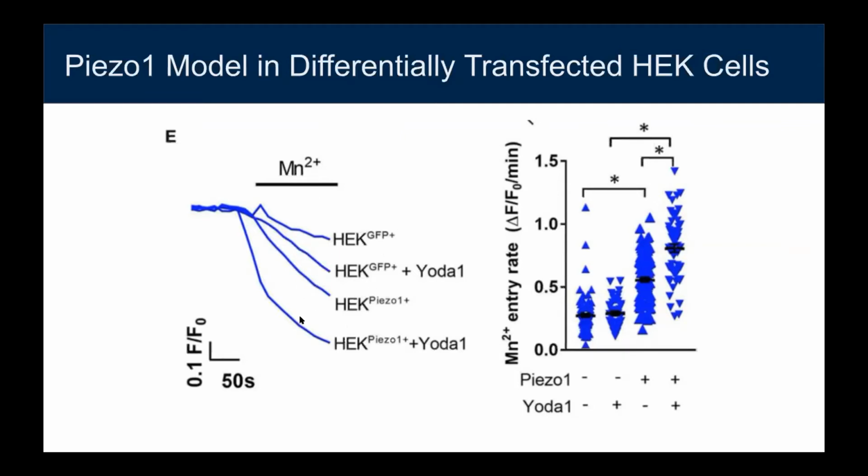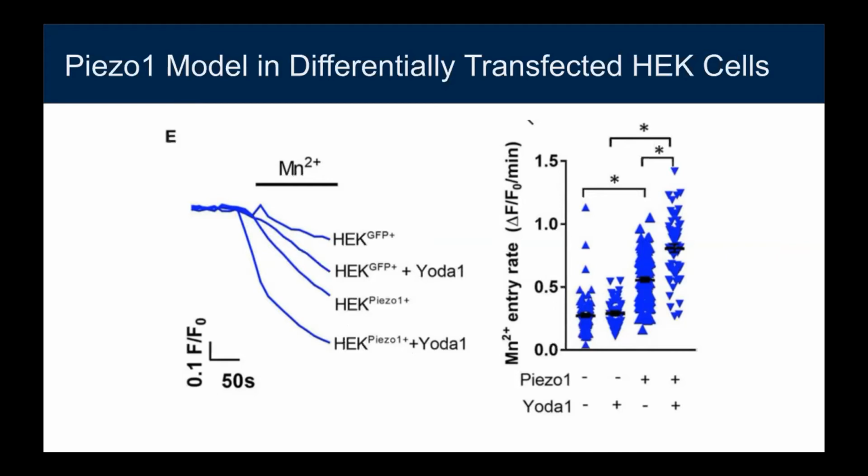You see that they did get some amount of manganese and calcium influx here. These are shown because they used them in later experiments, and since they've set this up, they assumed that Yoda1 addition translates to activation of Piezo1.